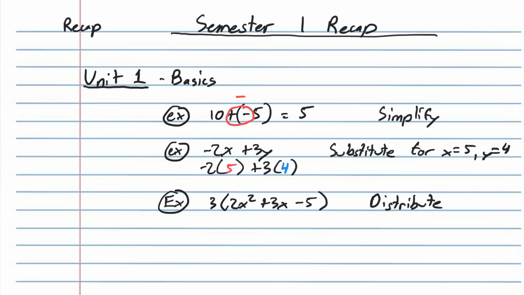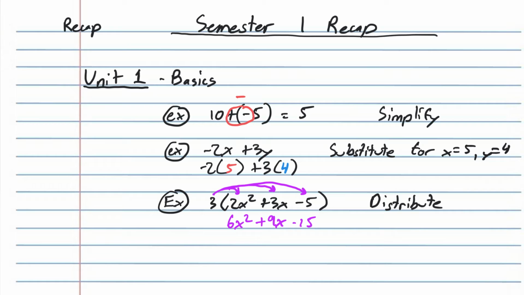The idea is that distribution is just multiplication: you take that outside number and multiply it by every single piece on the inside. So our final answer would be: 3 times 2x squared is 6x squared, 3 times 3x gives you 9x, and the last one, 3 times negative 5, is negative 15. And that's where you would stop, right?